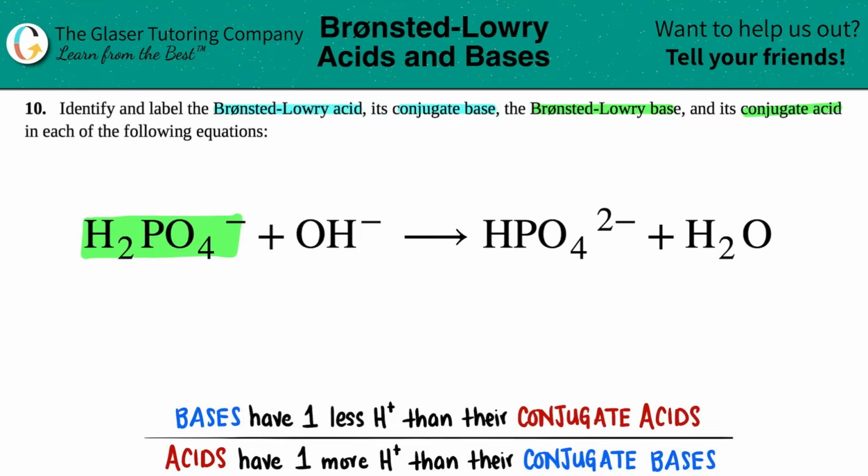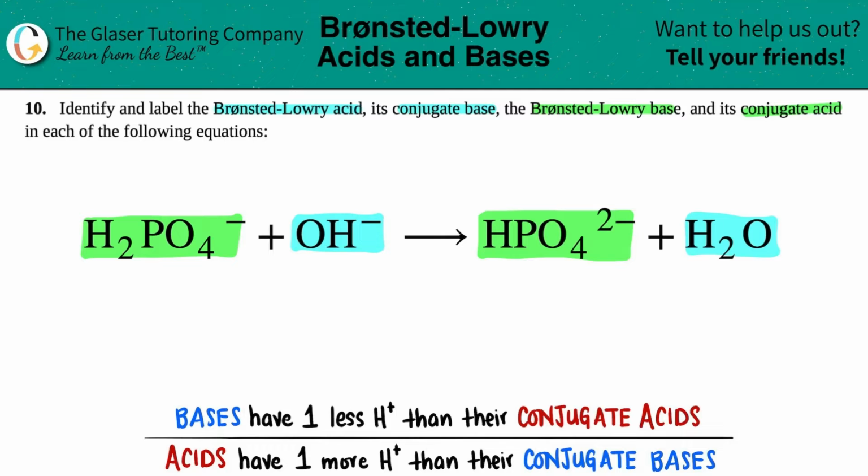They should have the same elements in it. You've got a phosphorus here, so it makes sense that this one would be the pair, right? HPO4 and H2PO4 only differ by one hydrogen. And then you can check, does the other pair make sense? This one just has oxygen and hydrogen in it, and the other one also just has oxygen and hydrogen in it, water, right? So we picked right.